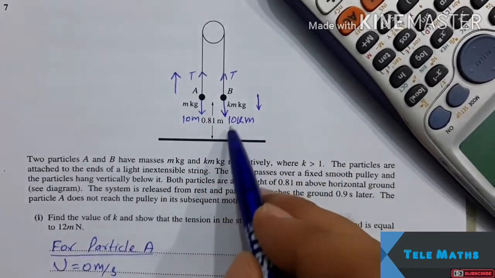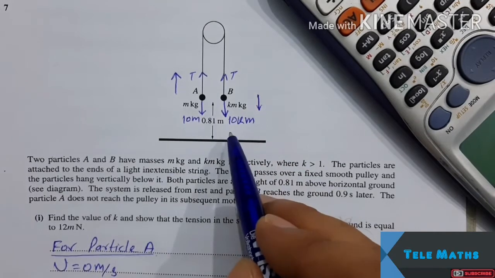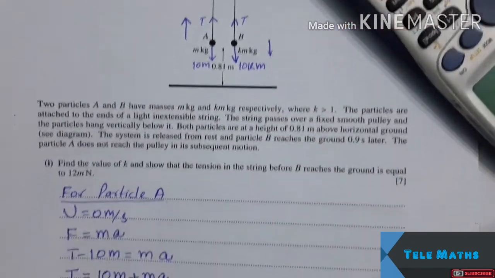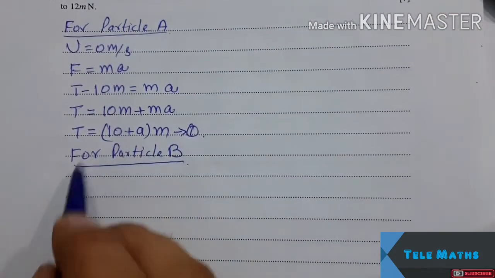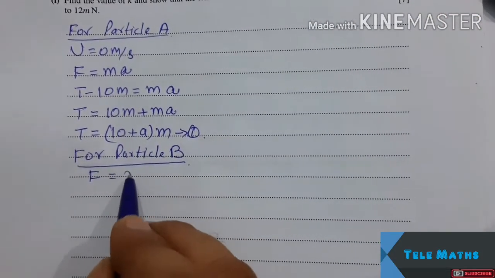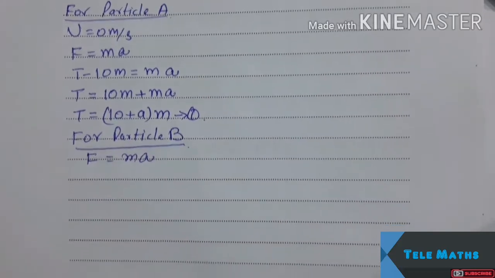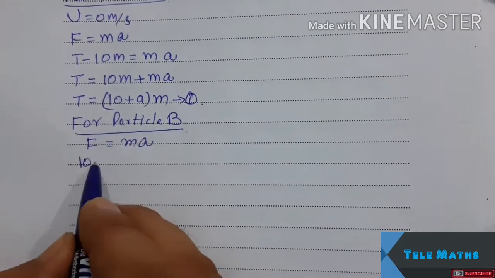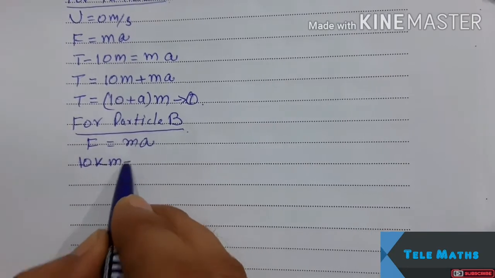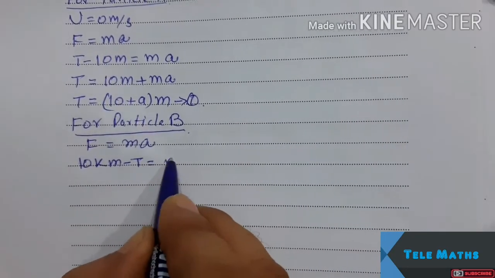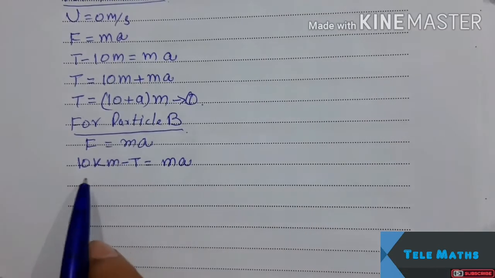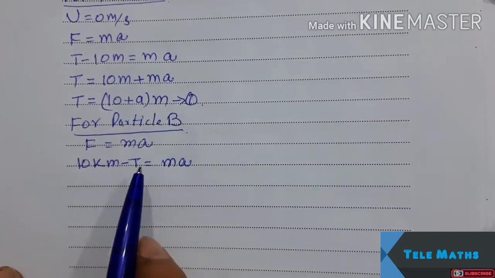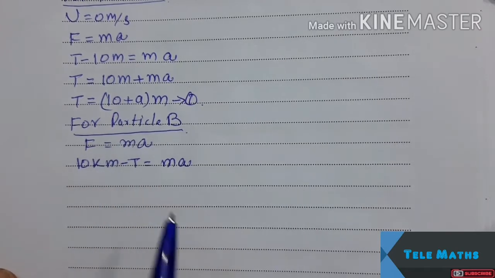Now actually the weight is more than tension because the particle is moving downward, so the resultant force will be 10km minus T. So again we'll use F is equal to ma, where F is the resultant force, which is 10km minus T is equal to ma, because 10km is the weight of the particle B and T is the upward tension, so weight minus tension will be the resultant force.